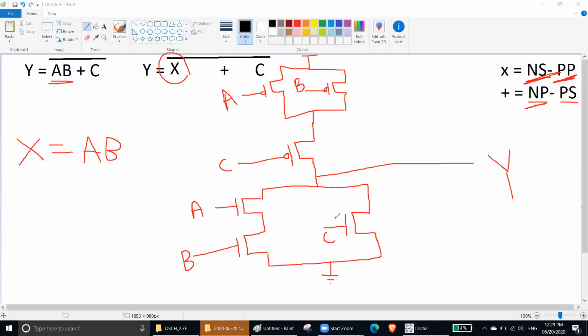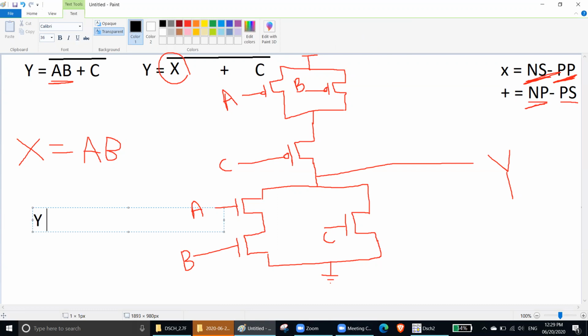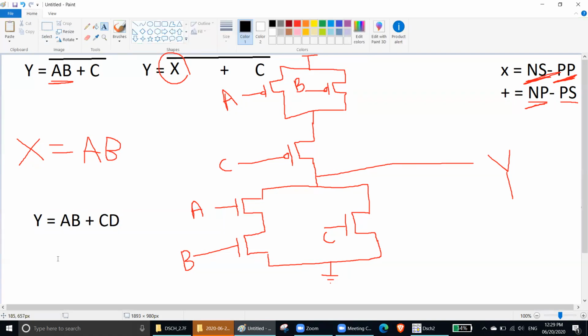Okay? Now let's have a practice. Everyone? Okay. Now, design this. Y is equal to AB plus CD. Remember, there is no bar. Design it, and can you give me a picture in the messenger group after designing it?